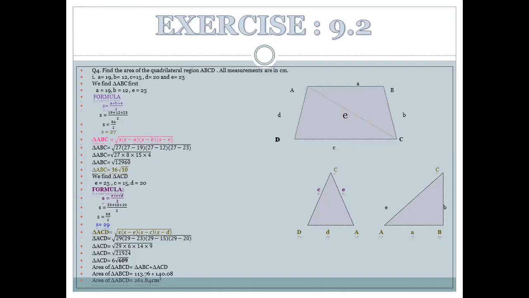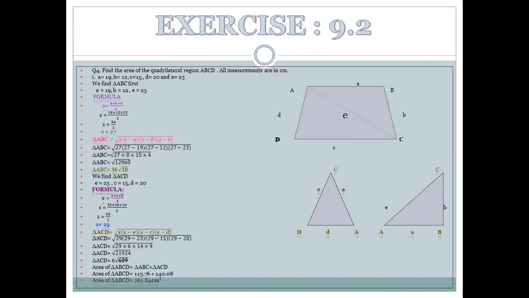First, we calculate the area of the first triangle, the triangle ABC. And you see that in ABC, I also divided this quadrilateral into two triangles for your convenience because you see easily the sides and you come to know how you calculate it. The first triangle ABC, and in it, which sides are given?